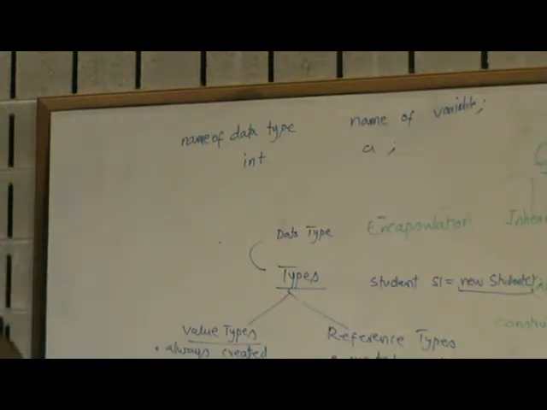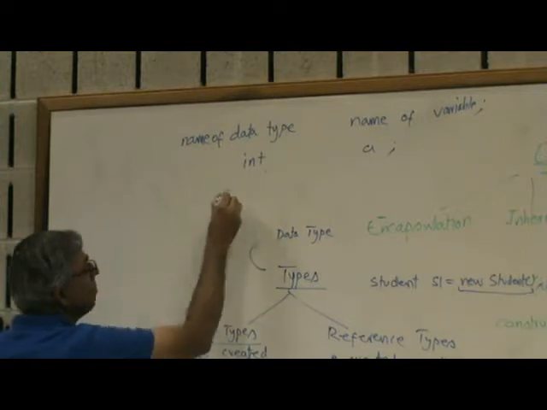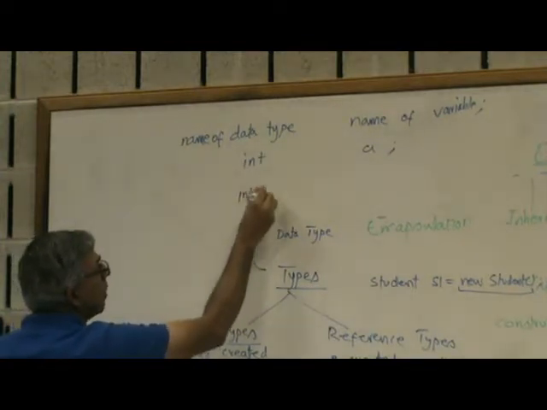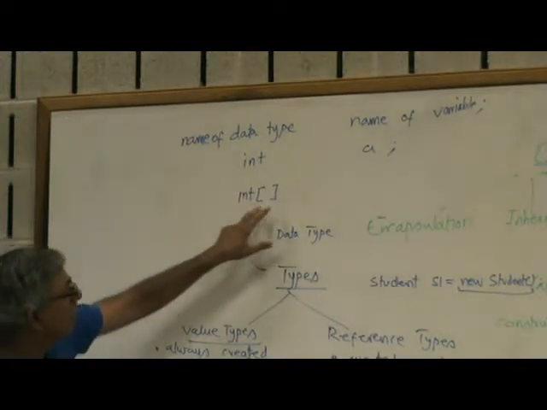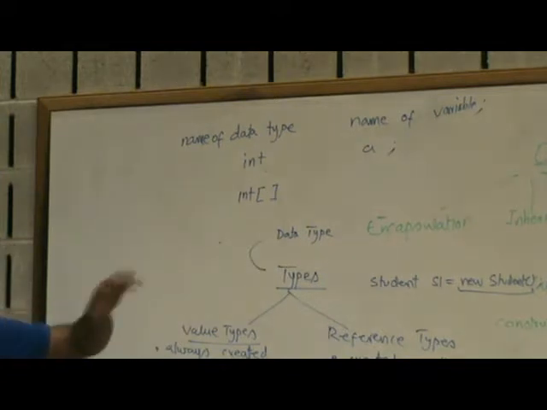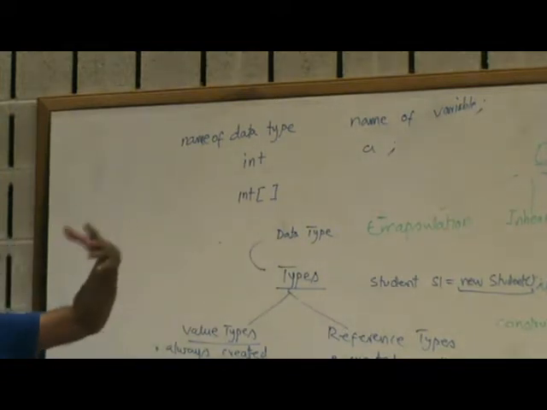Now if we wanted to create an array of integers, the name of the data type becomes followed by an empty square bracket. Anytime you see some data type followed by empty square bracket, that means it's an array of that data type.